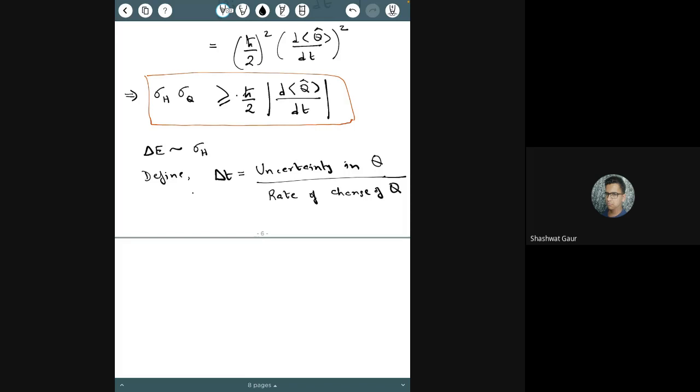Ma'am, you are saying that uncertainty in time corresponds to how fast the system is changing. But you said that when it is infinite, then the system is not changing. So how does it make sense in case of the stationary value of energy? Okay, this is not a stationary state. If it was a stationary state, then delta t is infinity.